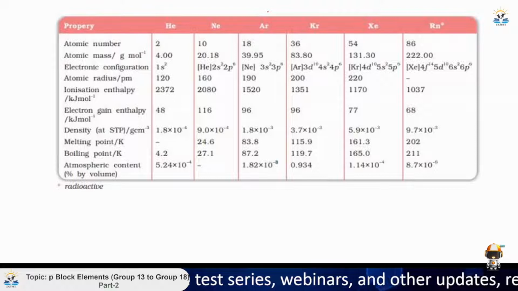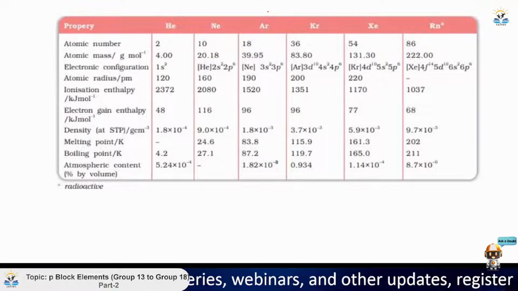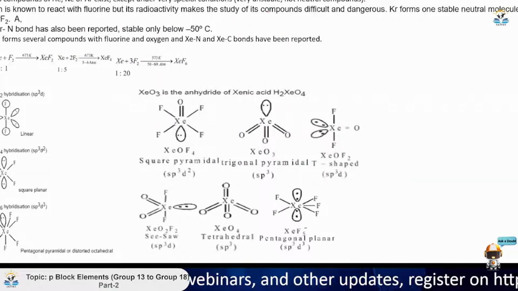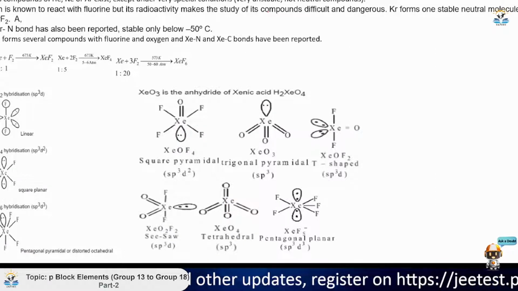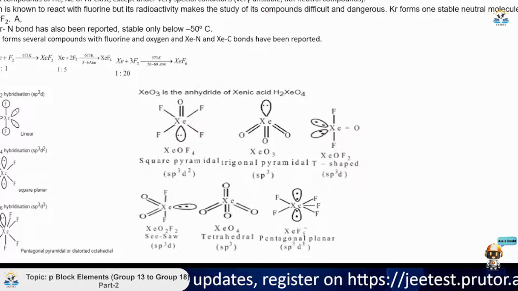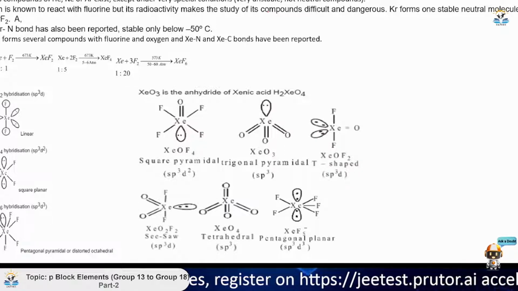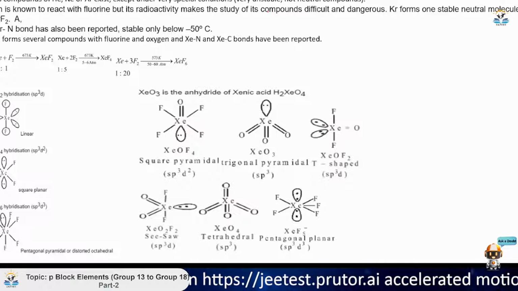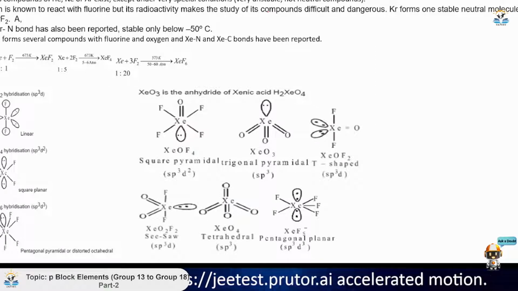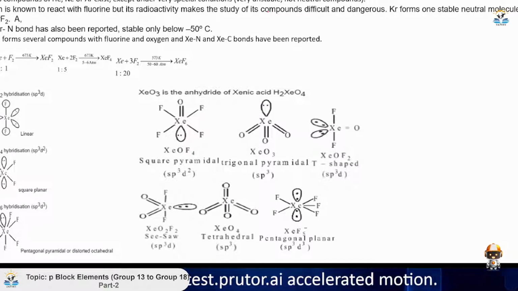But if we talk about xenon a bit, xenon is a very important element because it forms complex compounds. You've seen xenon oxides while we did chemical bonding. You've seen xenon fluorides and chlorides and everything.